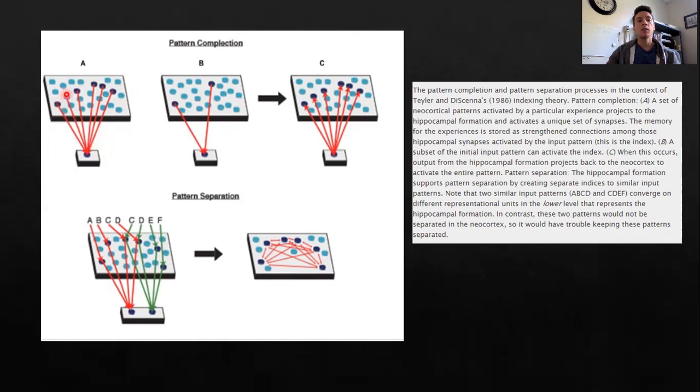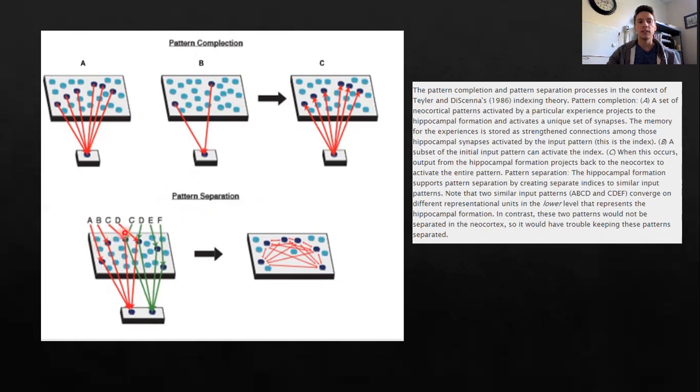Now, some of these do pertain to the same event. So for example, in B, these two neurons, which are a subset of the neurons in A, pertain to a particular event. And if we want to isolate event B, we don't want the hippocampus to be signaling other neurons that are part of different events. You can see this here in pattern separation below.